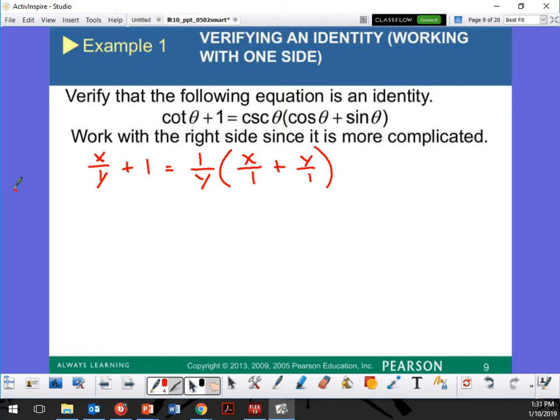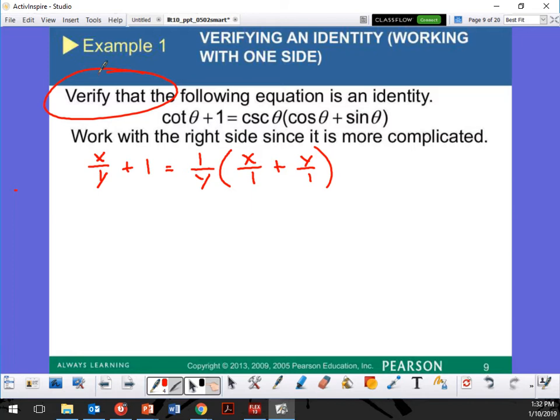Now, I'm telling you right now, when it says verify, that means these are correct. It is right. I just need to look at the two sides and say, hey, which one is least complicated? And try to make the more complicated one into the least complicated. So it's basically like reducing a fraction.